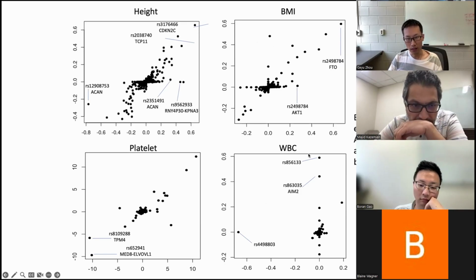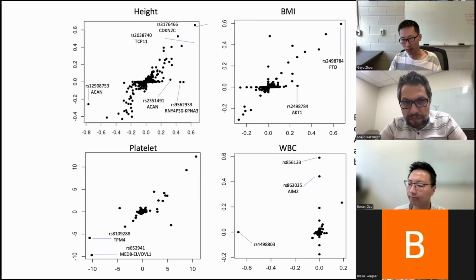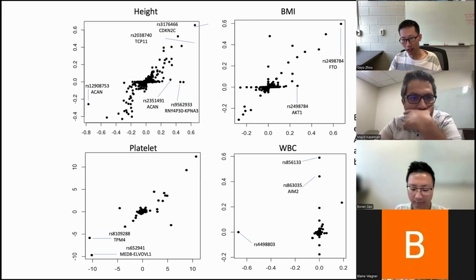These two SNPs are located on chromosome 1, and they are in high LD with the Duffy SNPs, which are known to have a significant impact on the white blood cell counts, the neutrophil counts, in West African populations, because it has some positive selective effect on resistance to malaria infection.